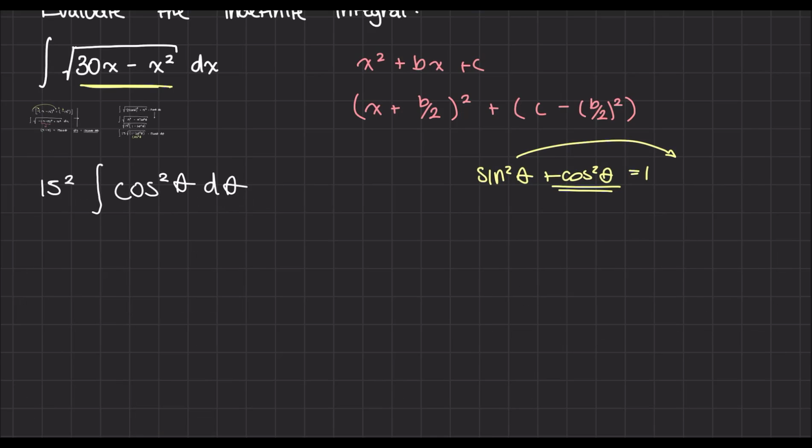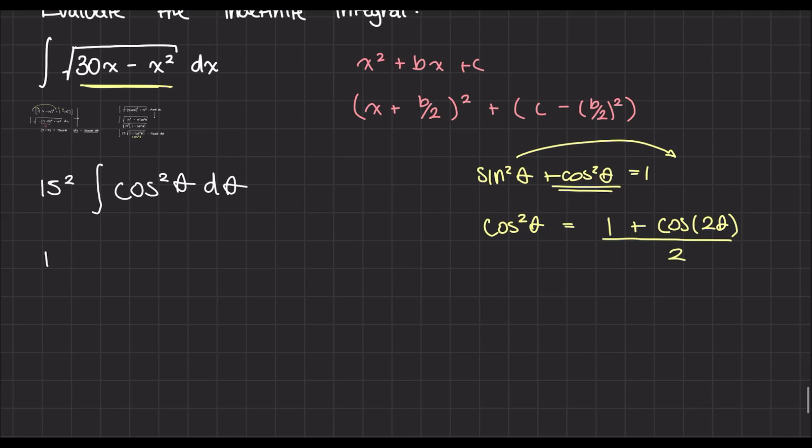Cosine squared theta is, again, simpler, but not entirely easy. We have to use another trig identity, and that is cosine squared theta is equal to (1 plus cosine 2 theta) over 2. And why we do this is because we want to get rid of that square. That's a bit annoying.